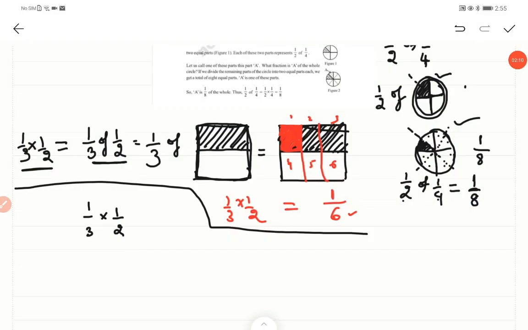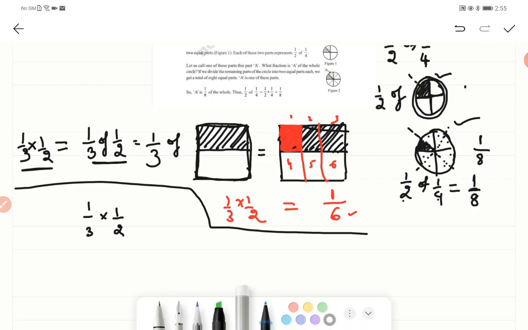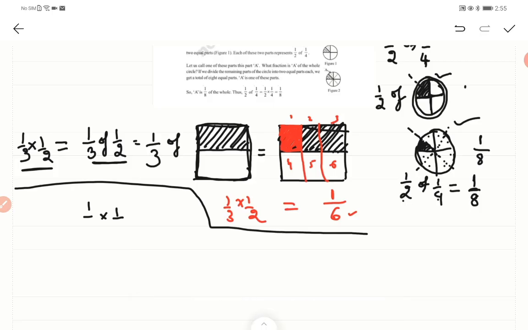If I take 1 by 3 of 1 by 2, it's the same, sorry. So let me take 1 by 2 of 1 by 3. That is 1 by 2 multiplied by 1 by 3. So how will you draw this?